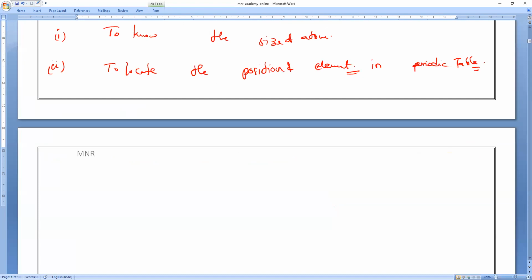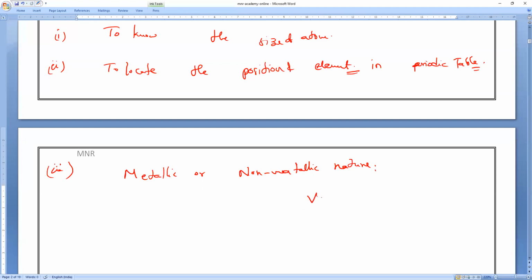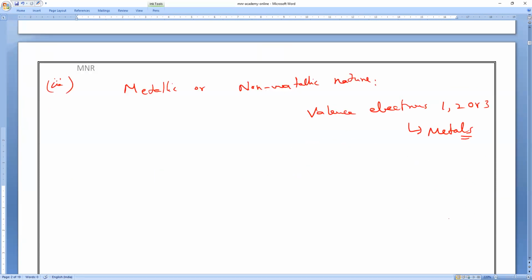Next, the third point, which is an important one: we can identify whether an element is metallic or non-metallic in nature. If an element has valence electrons 1, 2, or 3, we call it a metal.